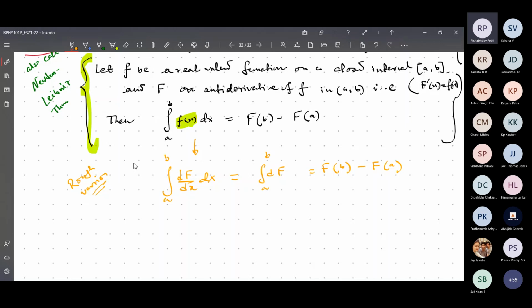Now I'll put all this in the backdrop of our current knowledge of gradient, and then you will see the similarity between the two statements.